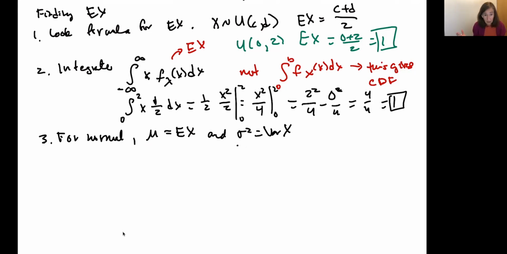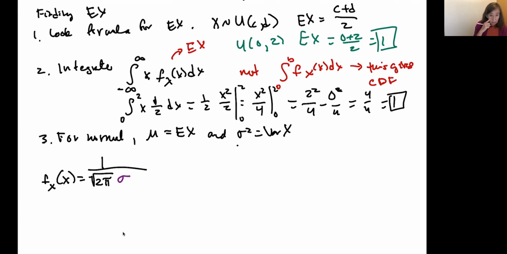Sometimes we might just be given them in words, which is quite common with the normal random variable, but we can also just see them in the normal PDF. So the normal PDF, here it is, 1 over root 2 pi. I'm going to switch colors so you can see where the parameters are.